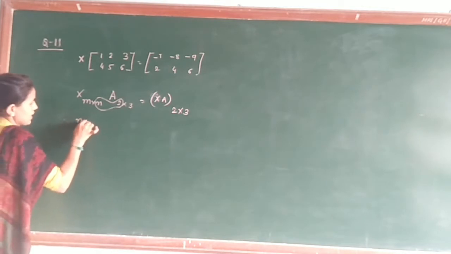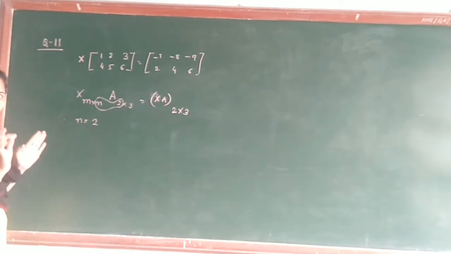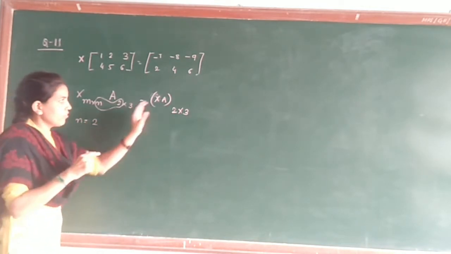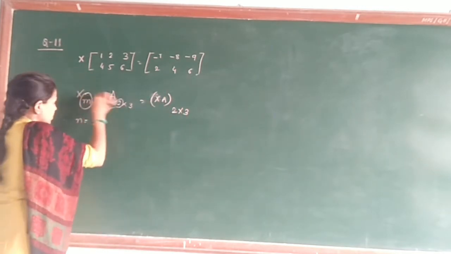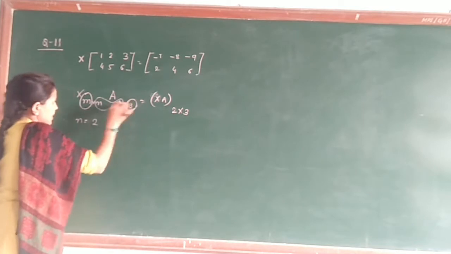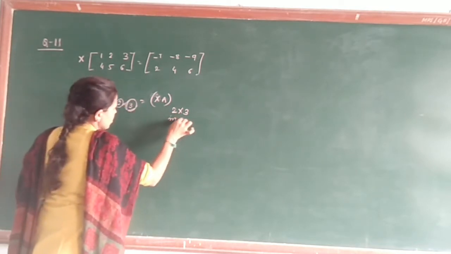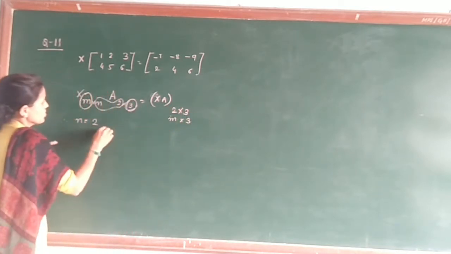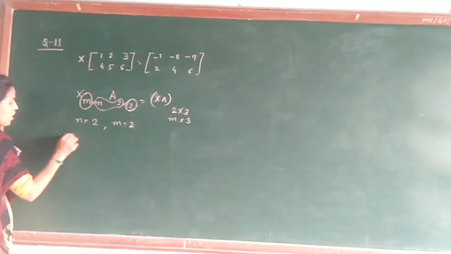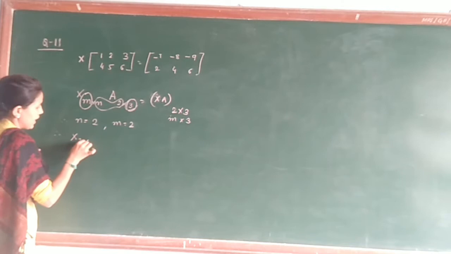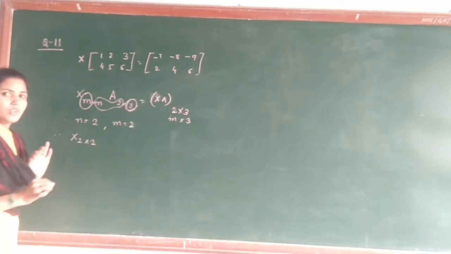Therefore, n is equal to 2. Second, the product will have the rows of the first and the columns of the second, so m cross 3. From there, m is equal to 2. Therefore, our X is of the order m by n, that is 2 by 2.